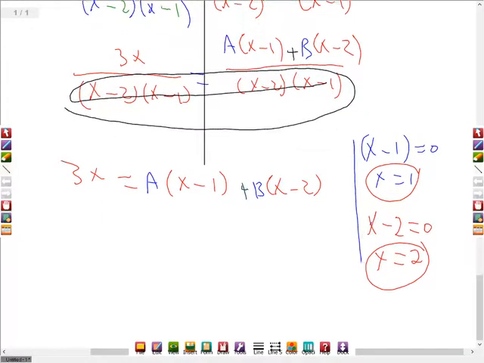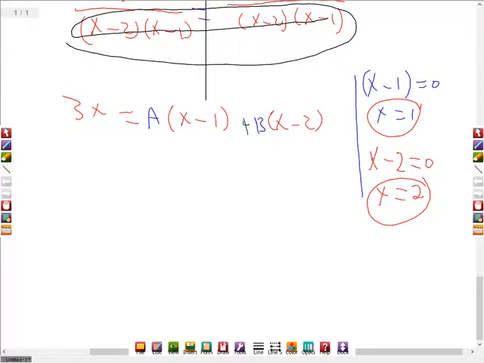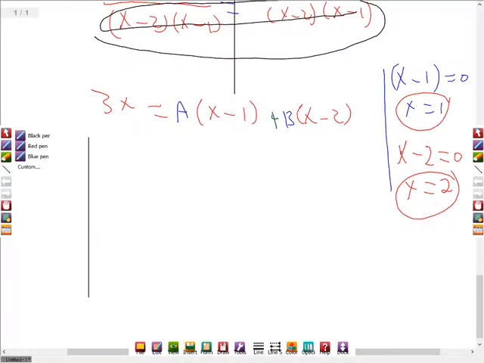I'm going to move the board up a little bit. Then we're going to put a line here and write at x equals 1. At x equals 1, the top value is 3, you replace x by 1.